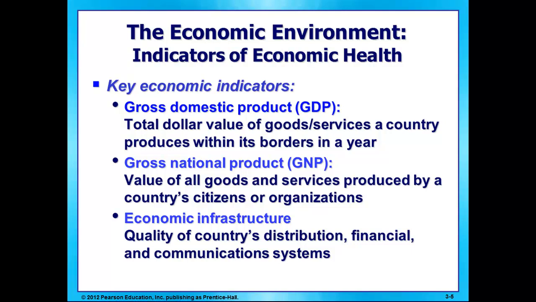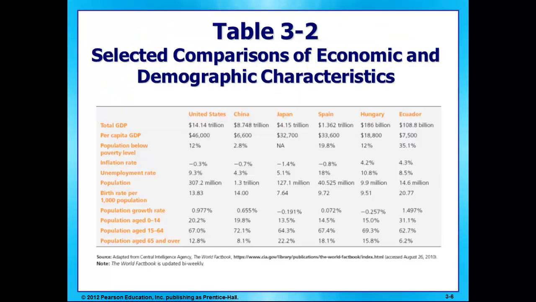Other indicators would be gross national product, a country's economic infrastructure in terms of distribution, communications, financial. And what you see here is a comparison of those indicators across 6 countries.